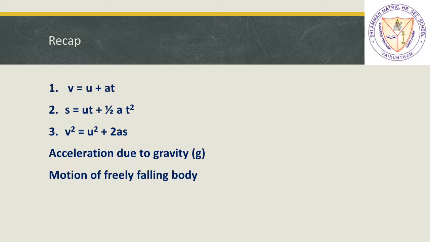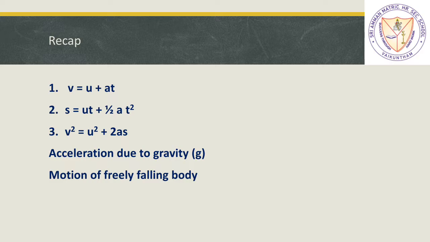So first we learned the three equations of motion, that is v is equal to u plus at, s is equal to ut plus half at square, v square is equal to u square plus 2as, where v refers to the final velocity, u refers to the initial velocity, a refers to the acceleration, t refers to the time taken, and s refers to the displacement.